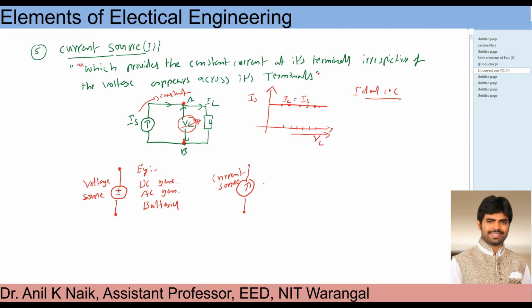Now coming to the current source. Examples for the current source are semiconductor devices, like a transistor. So semiconductor devices like a transistor act as current sources, and DC generators, AC generators and batteries act as voltage sources.